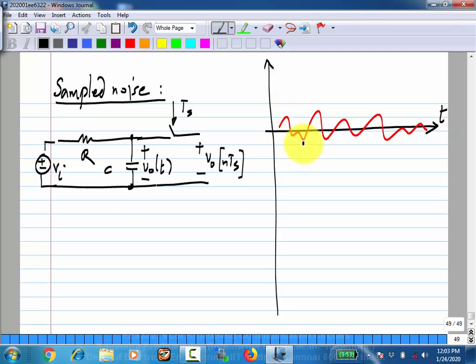So now you have some noise n, and then let's say you sample it periodically. Okay? So you get the noise samples.